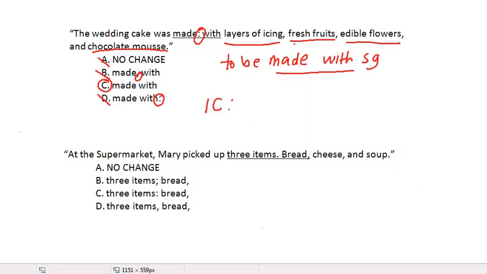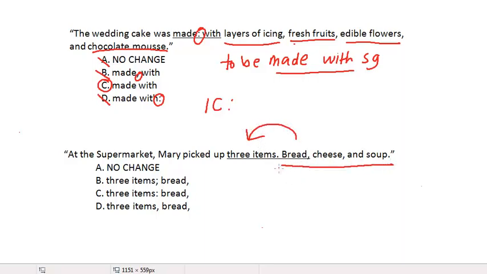Alright, let's take a look at one final example for using colons on the ACT. So in this example, we have: at the supermarket, Mary picked up 3 items: bread, cheese, and soup. Right away, I know that there is a list in the sentence. The error in the sentence is that the list is not connected to this part of the sentence.